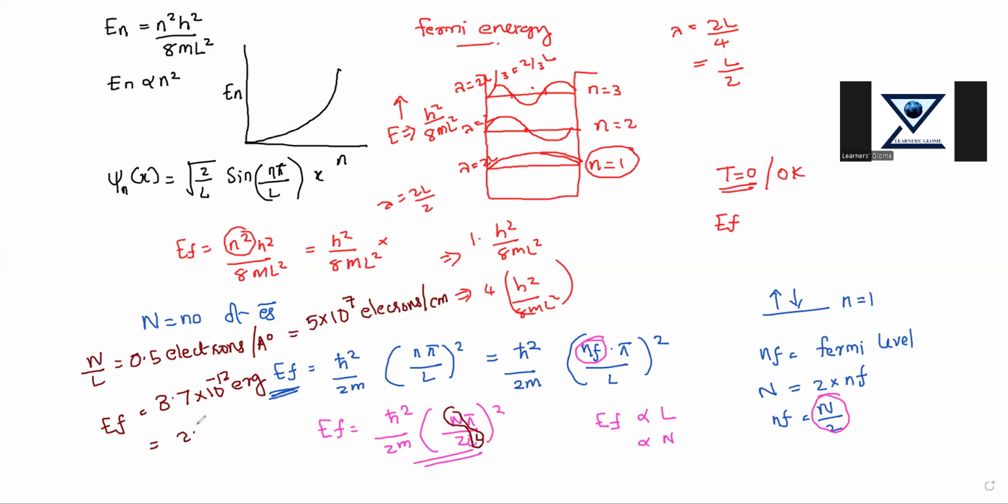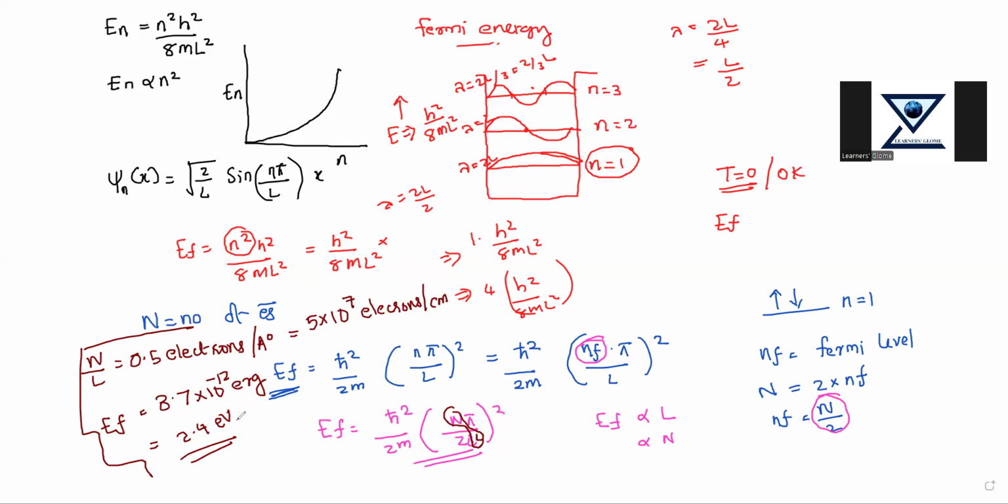Approximately Fermi energy is equal to 2.4 electron volt when N by L is equal to 0.5 electrons per angstrom. So this is the expression for the Fermi energy equivalent to an atom at absolute zero temperature.